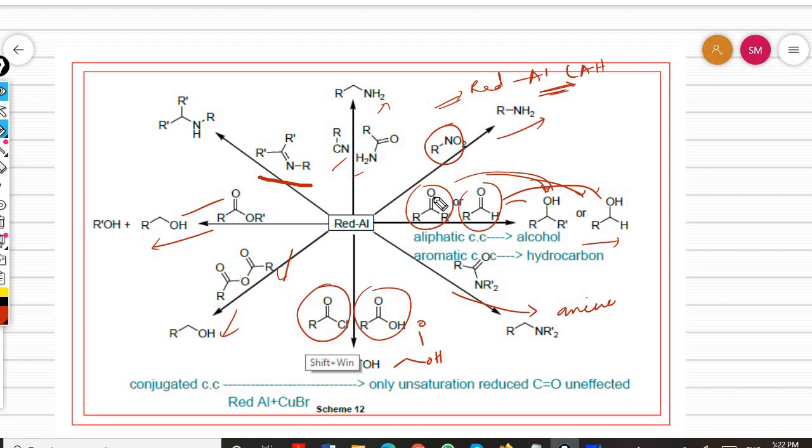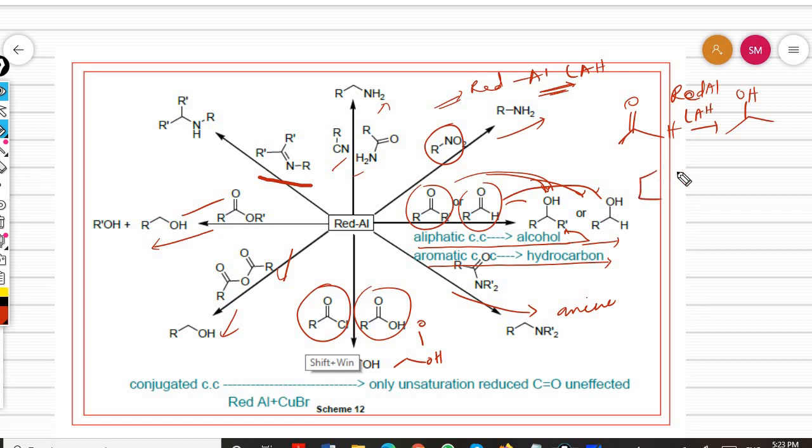The major difference between lithium aluminum hydride and Red-Al is this: lithium aluminum hydride converts all the carbonyl compounds into alcohols, whereas Red-Al converts aliphatic carbonyl compounds into alcohols, but aromatic carbonyl compounds into hydrocarbons. For example, if I take acetone, it will be converted into the alcohol with both Red-Al and lithium aluminum hydride.